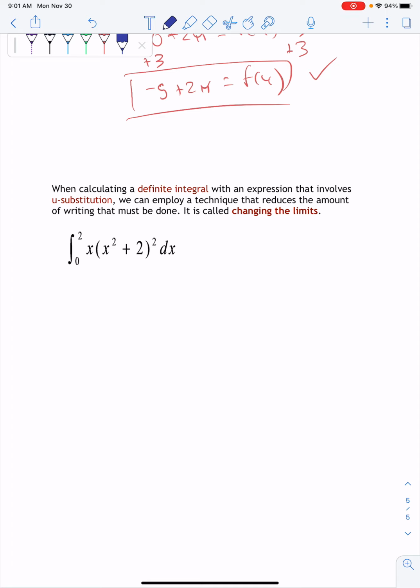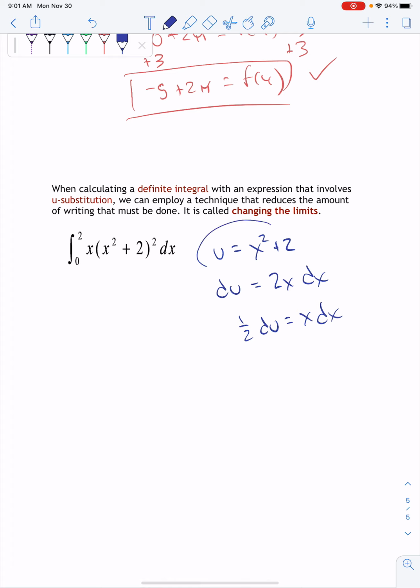But that's a lot of work, especially when I can just say, look, let's let u equal x squared plus 2. That means that du is going to equal 2x dx, which means that 1/2 du is going to equal x dx. If you need to pause and follow that algebra, go ahead.